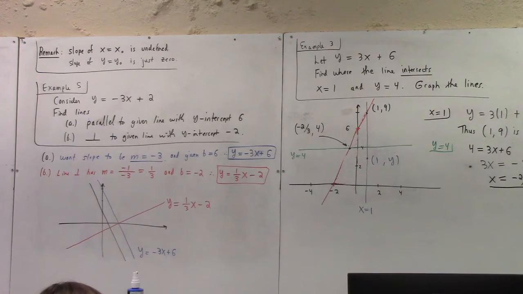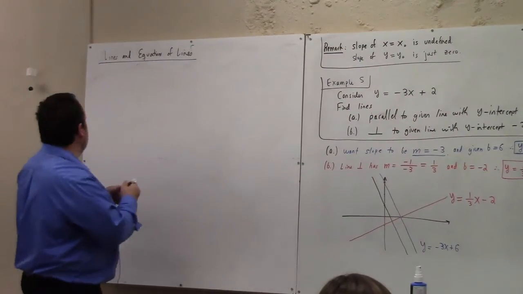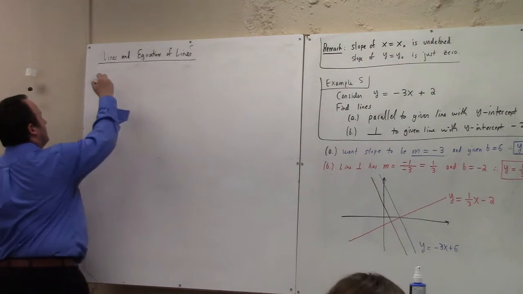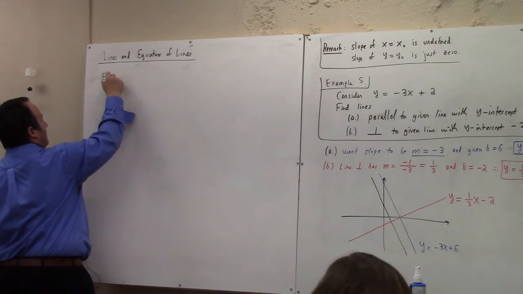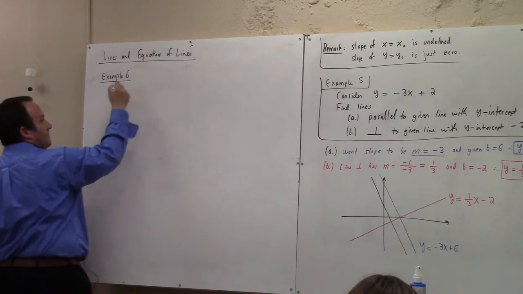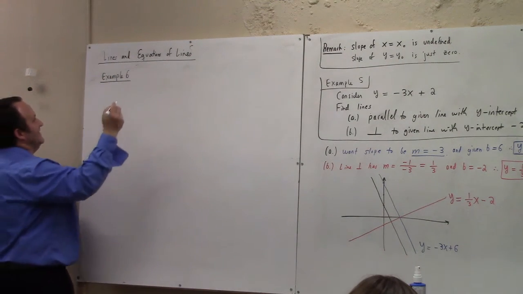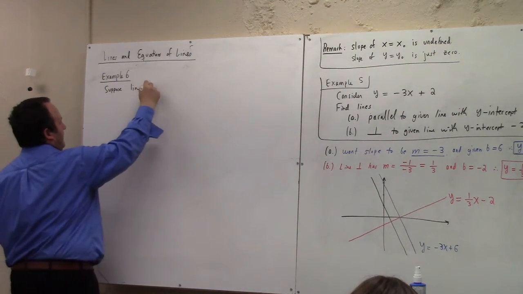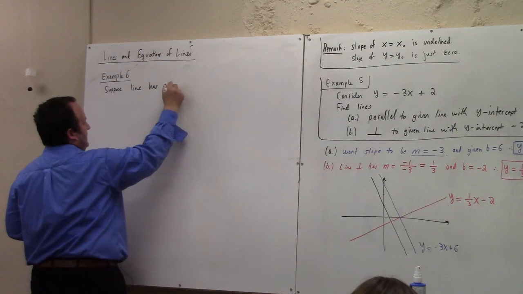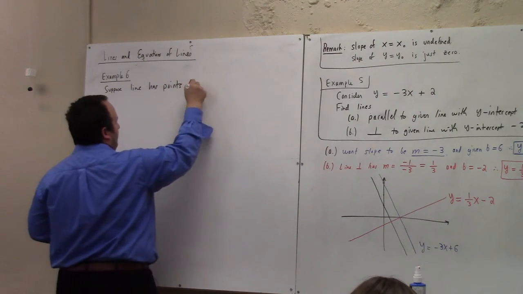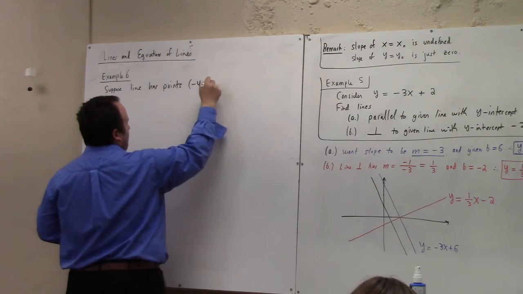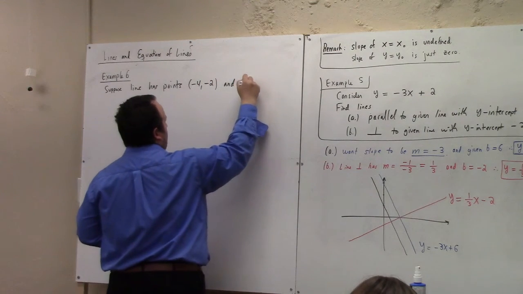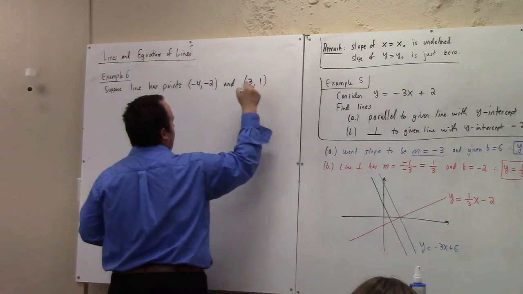You guys can give me any points you like. So suppose the line has points -4, -2, and 3, 1. All right?